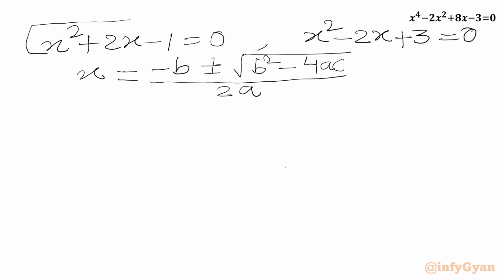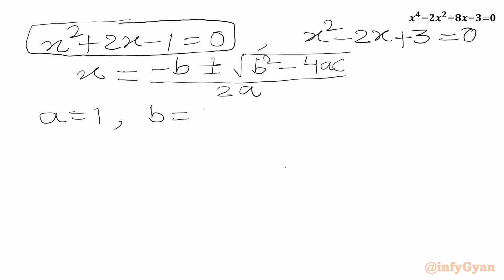As per our first equation, a is the coefficient of x square, 1, b is the coefficient of x, 2, c is the constant, minus 1.